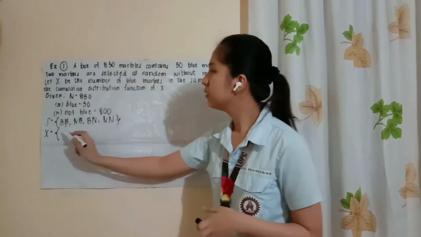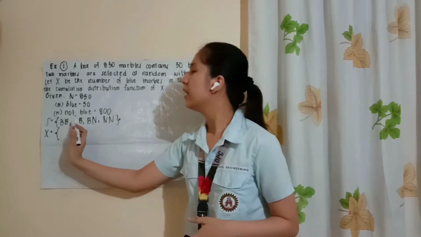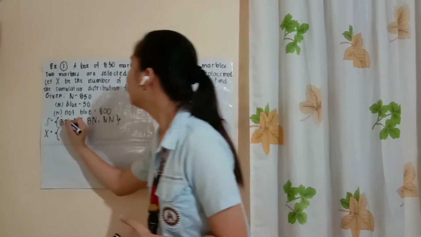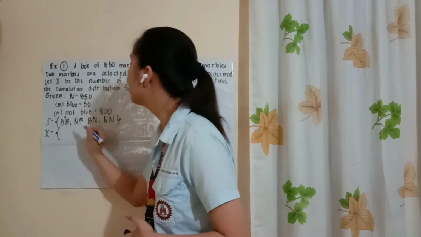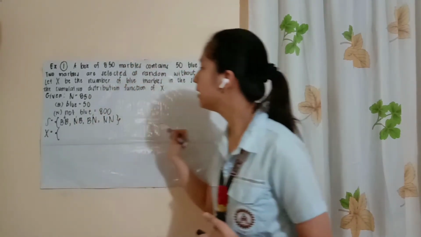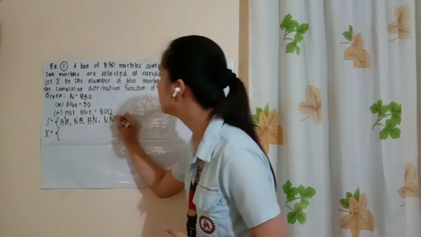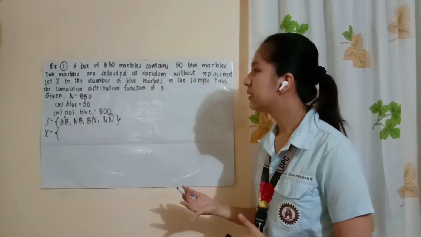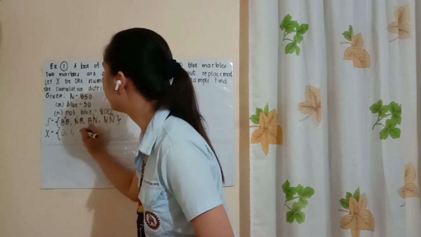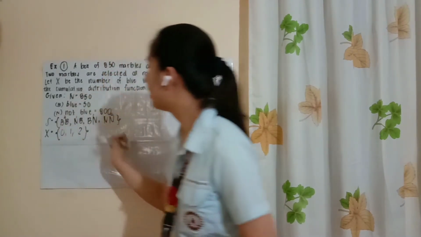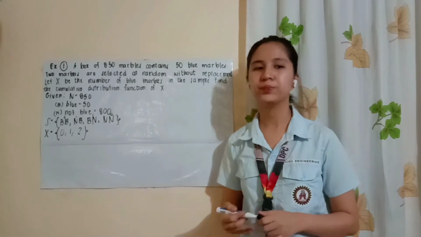So, ilan ba yung, dito sa first sample point natin, ilan ba yung blue? So, we have 2. Next, in NB, we have 1 blue. BN, we have 1 blue. And then in NN, wala tayong blue. So 0 siya. Next, lagay na natin sila sa random variable natin. So, we have 0, 1, and then 2.